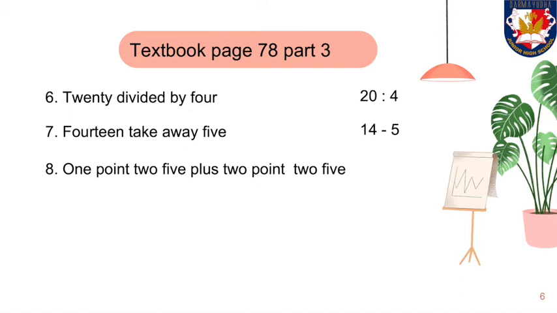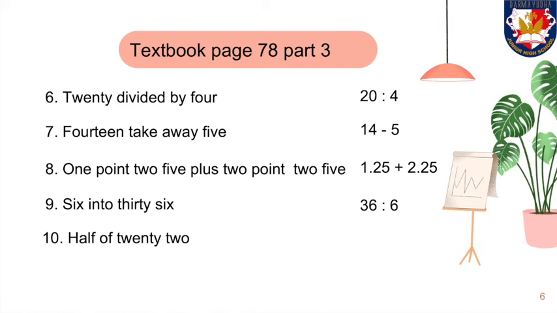Remember, it is 1.25, not 1.25. Plus 2.25. Number 9, 6 into 36. The last one, number 10, half of 22.